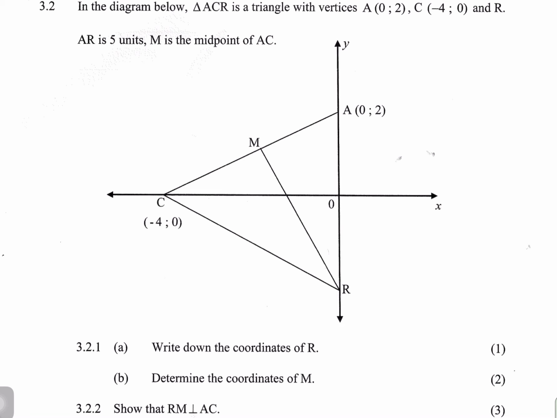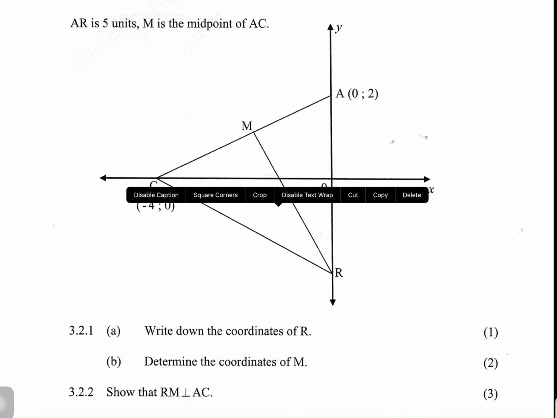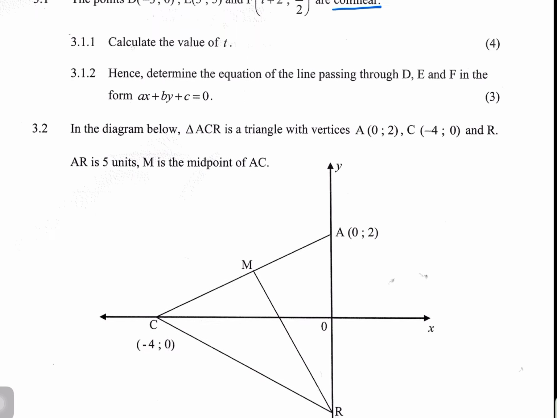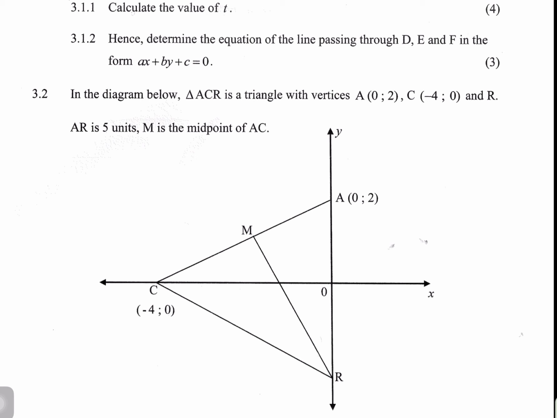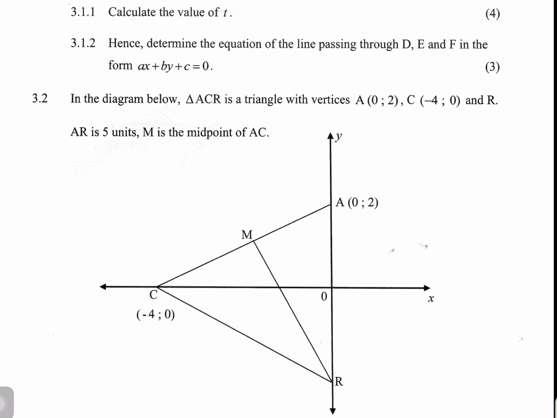What are they saying about this diagram? They are saying that, let me just do this so that I read it with you guys. Let's see. They are saying that in the diagram below, this diagram just right here, the one you're seeing in front of me, the triangle ACR, let me just mark that.